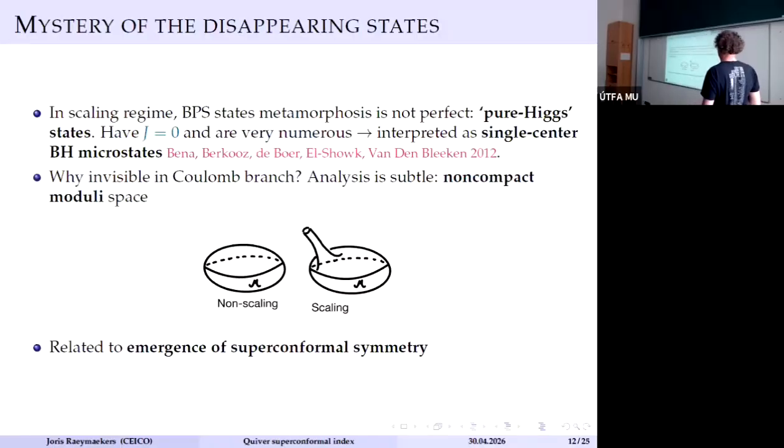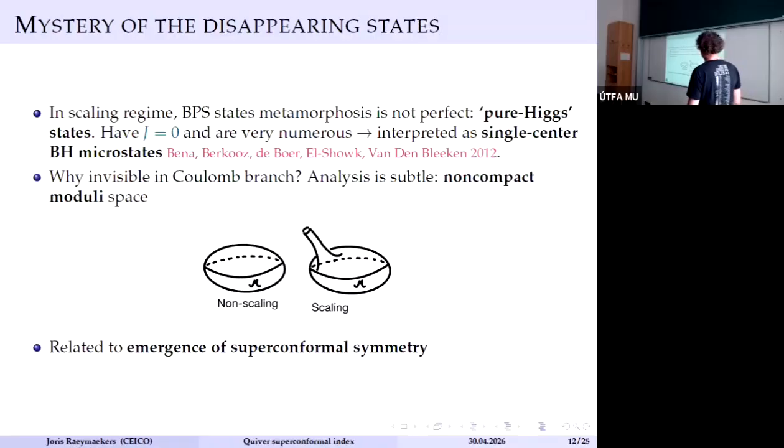One thing that should be said is that the analysis of the Coulomb branch is quite subtle in the scaling regime because, as I said, these branes can come closer and closer together, and that opens up a new kind of non-compact direction in the moduli space, which makes computations that rely on the homology of moduli space much more subtle because now it's a non-compact space.